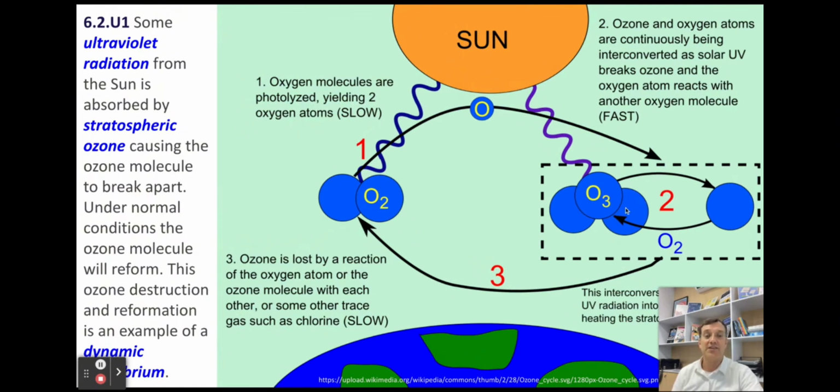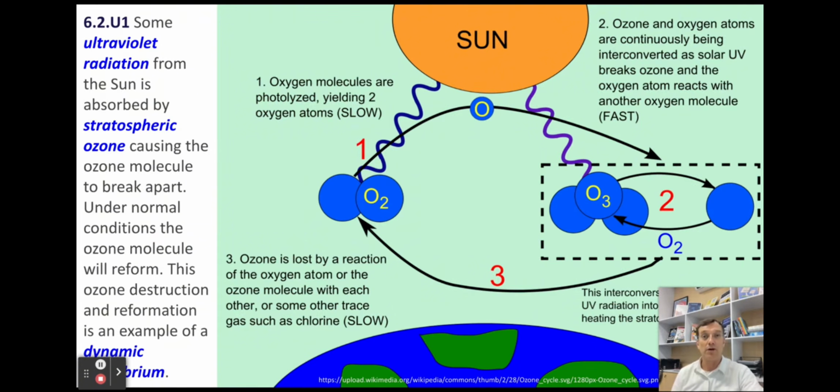O3 is less stable than O2, and so it will, over time, break down or decompose and reform O2 molecules. So 2 ozones will break down and form 3 diatomic oxygens. That formation, destruction and reformation happens over and over again, trillions of times every day in Earth's stratosphere in a dynamic equilibrium.